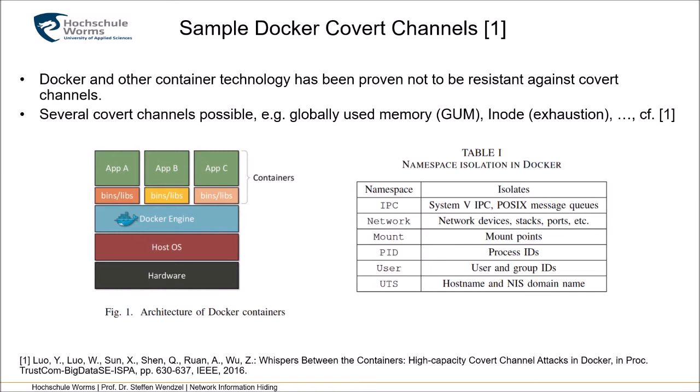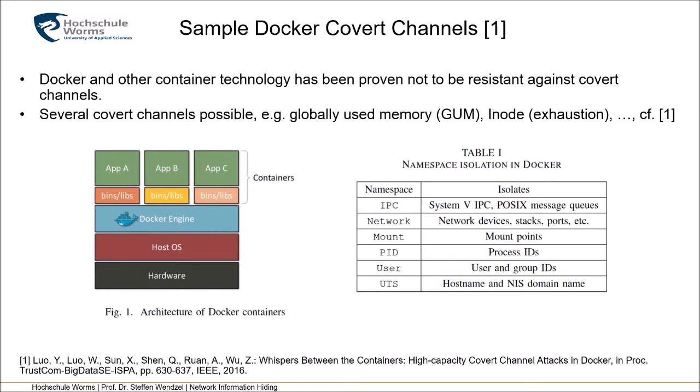One could imagine that such processes running in isolation cannot communicate with other processes, but that's not true. The Docker container technology is not resistant against covert channels. Several covert channels are possible, for instance, by signaling data over the globally used memory or by inode exhaustion.